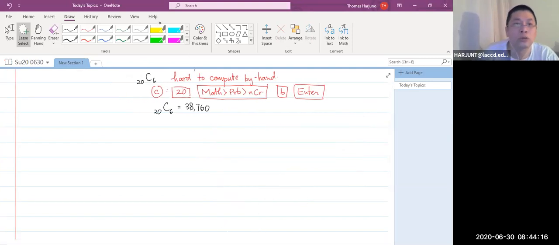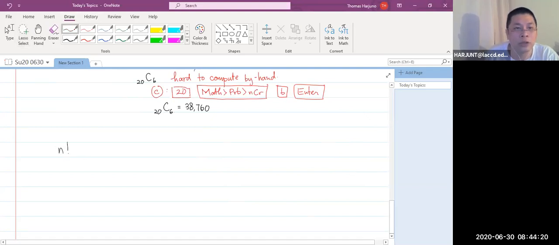Okay, so to summarize this for now, you need to know how to punch n factorial, what it means and how to use the calculator. You need to know nPr for permutation, and you need to know nCr.